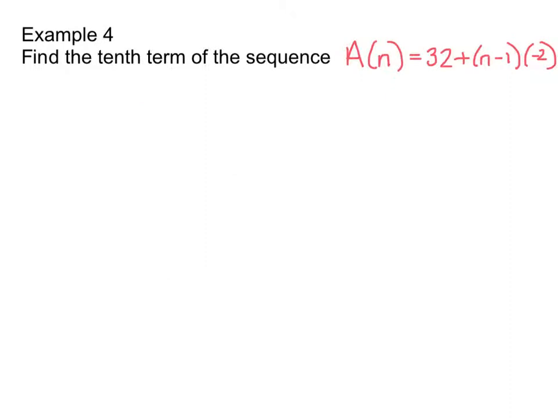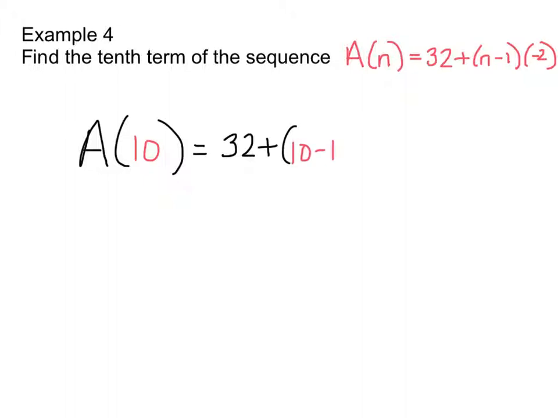All right, so our last example. Find the 10th term of the sequence. Well, the 10th term means I'm going to take A of 10 because that's the 10th term. A of 10 equals 32 plus, I plug in 10 minus 1, times negative 2. So now you just simplify.